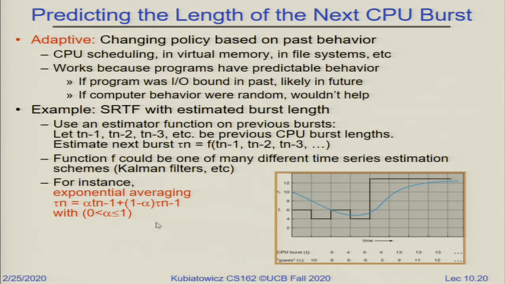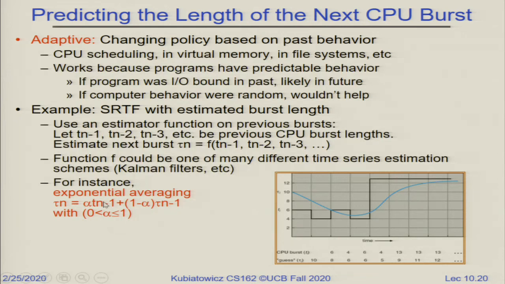I guess what would be a modern thing to think about is machine learning. You could do machine learning on the burst lengths. The question is, what's the trade-off between how long your scheduler has to run to pick the next task versus running the task? There's obviously a diminishing return on how accurate things are, but nothing is out of the picture.